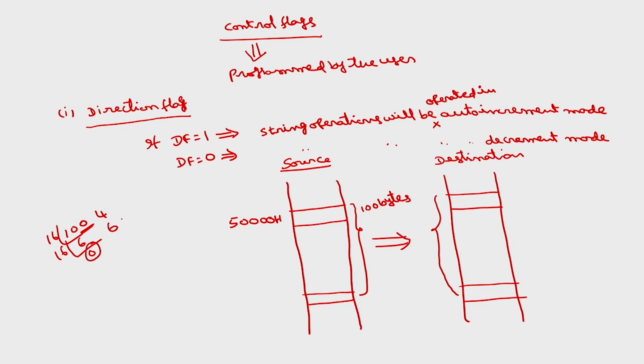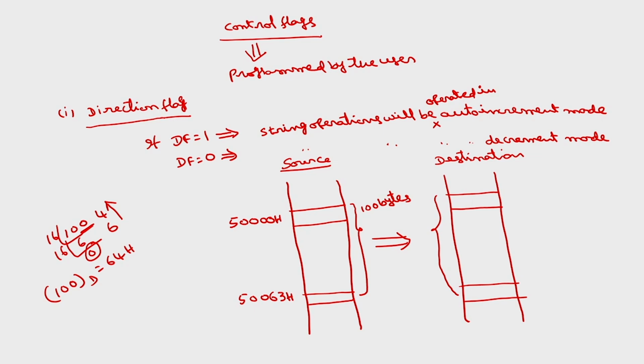So, you have to stop here. So, 100 decimal is equivalent to 64H, but you are starting from 0. So, the ending will be 63, that is 50063H, because you are starting with 0.